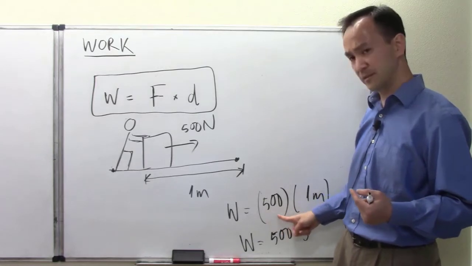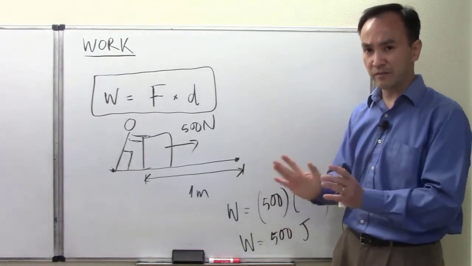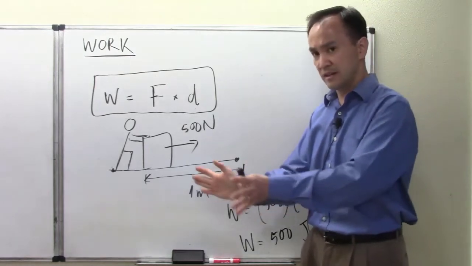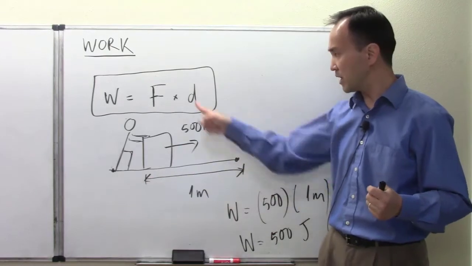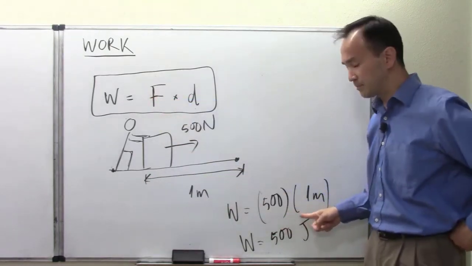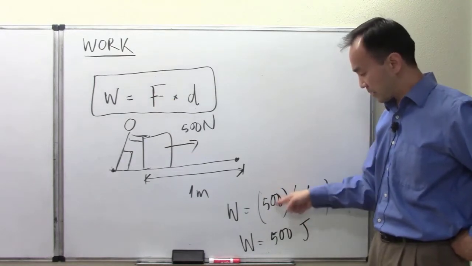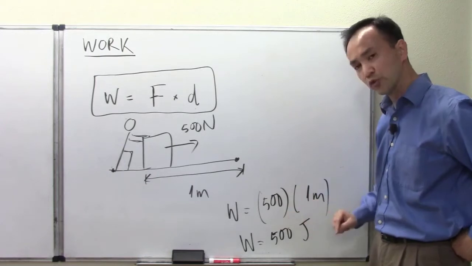Like if the man can maintain a constant amount of force, 500 newtons all along that path, then calculating work is simple. Just one simple multiplication problem. 500 times the distance here, and that's 500 joules.